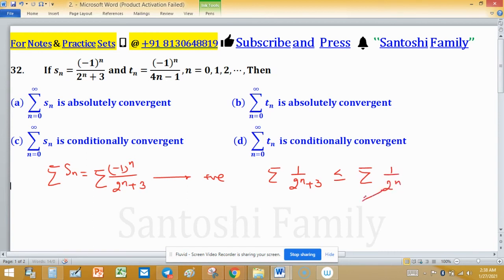This is a geometric series with common ratio half, and we know that a geometric series with common ratio less than 1 is convergent. So by the comparison test it is also convergent. That means when we take absolute values of the terms, the series is convergent. So option A is true. It means absolutely convergent, so option C will be false.